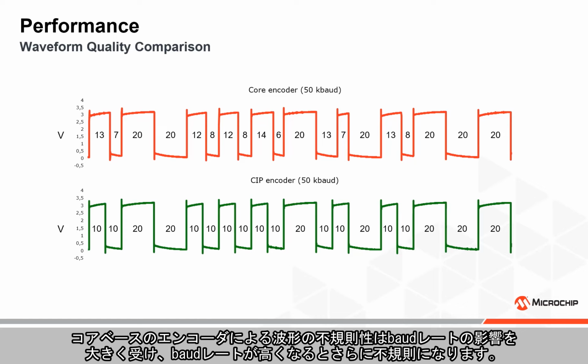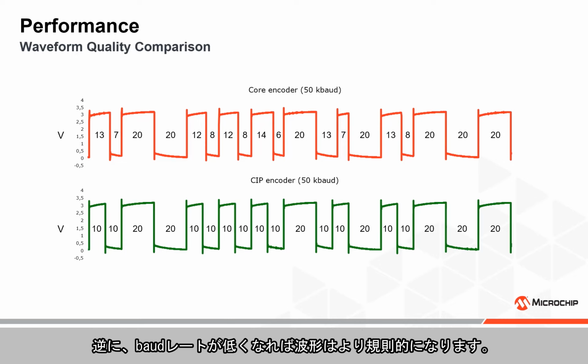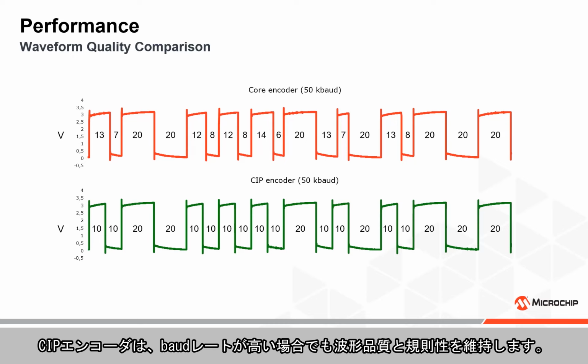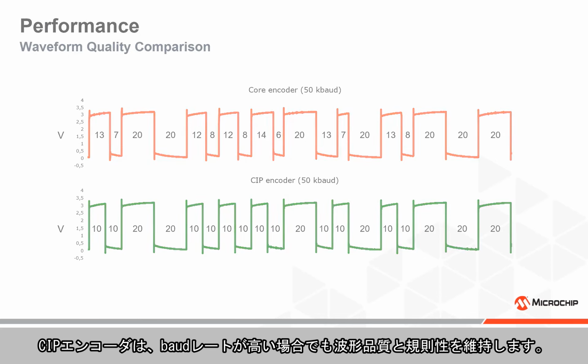The irregularity of the waveform from the core-based encoder is highly dependent on the baud rate, and becomes progressively worse as the baud rate is increased, and conversely the waveform is more regular for lower baud rates. The CIP encoder maintains a very high waveform quality and regularity even for very high baud rates.